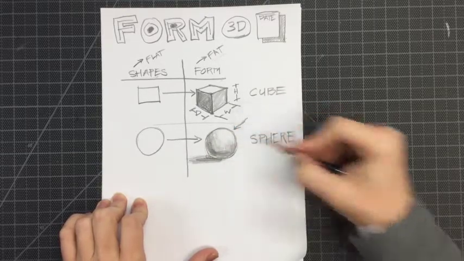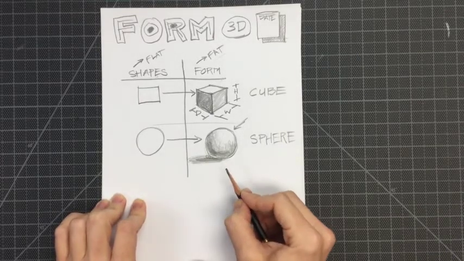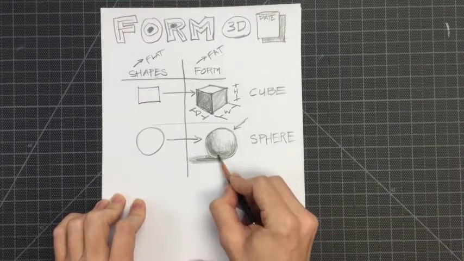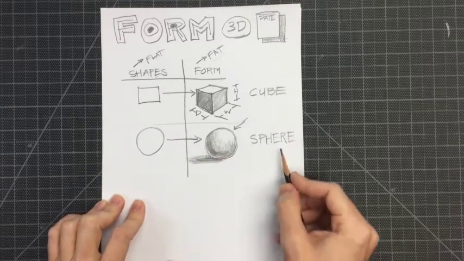You've heard of shading before. That's when we take our pencil and we make value changes from dark to light. That has created the illusion of a sphere.